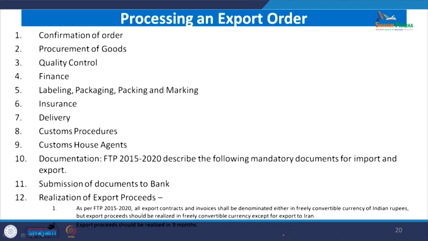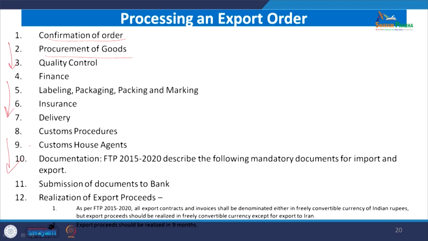It is clearly written that these 12 have to be followed to export. Now, processing an export order, it has to be in this order only. To export your product, you have to start with confirmation of your order with another party, procurement of goods, then you have to follow in this order only.